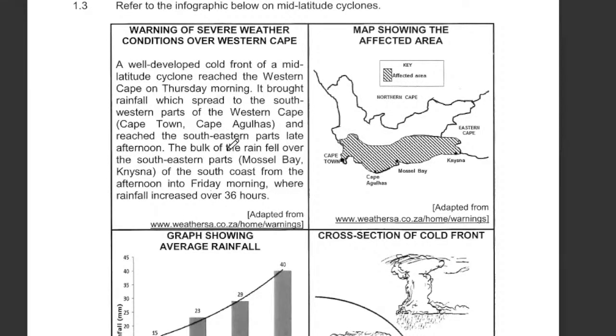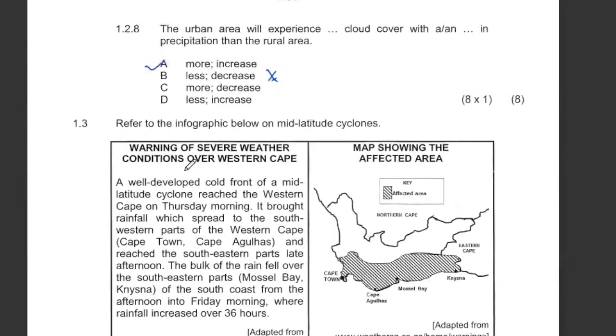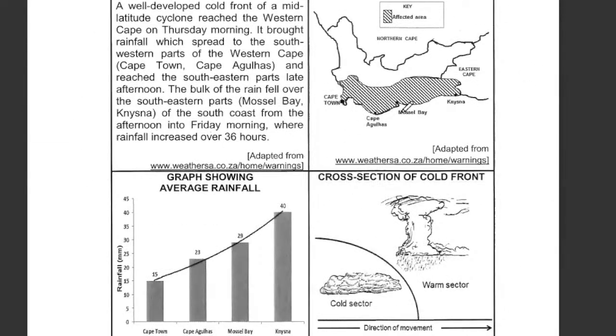The bulk of this rain fell over the southeastern parts, Mossel Bay, inside the southwest coast of the south coast, from the afternoon into Friday morning, where rainfall increased over 36 hours. The graph is indicating how it happened.